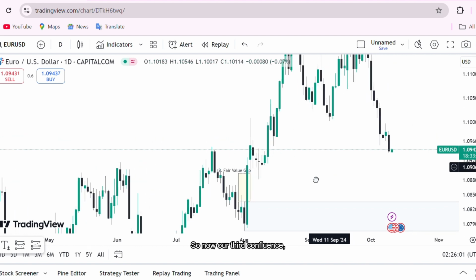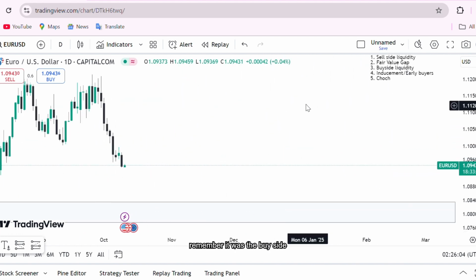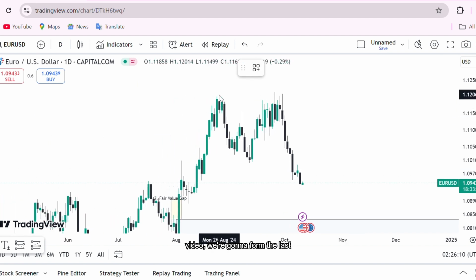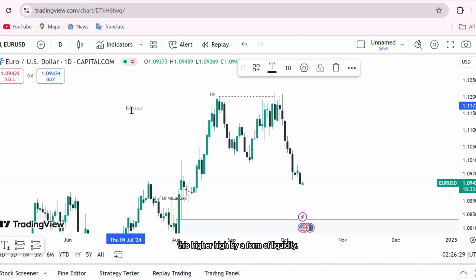So now our third confluence, remember, is the buy side liquidity. I said in my last video, we're going to form the last higher high, meaning we're not gonna form any more higher highs after this higher high. But then we have to take out this higher high by a form of liquidity. Some people call it buy side liquidity. So that is our third confluence.